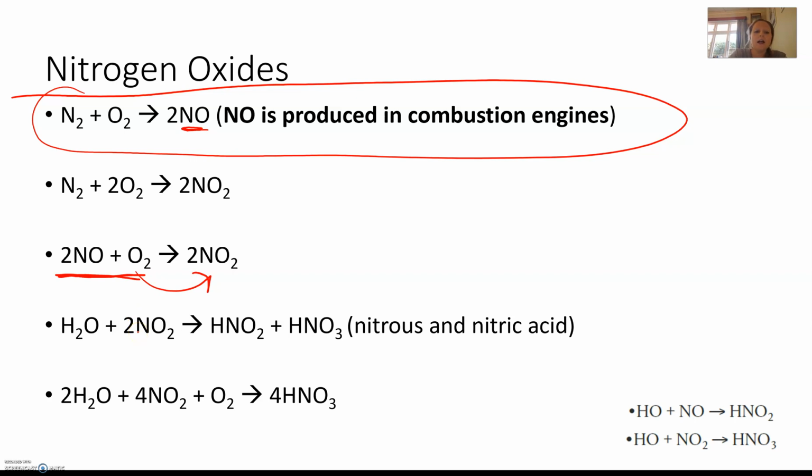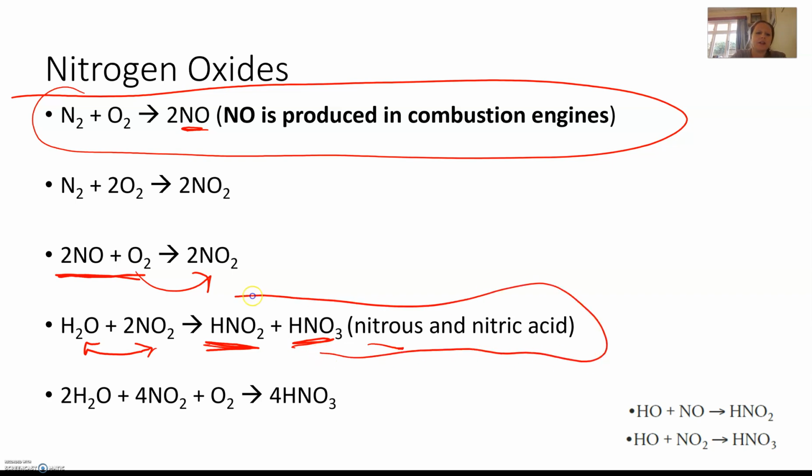Now NO2 can then further react with water, just like we saw before with our sulfur oxides, to produce HNO2. Now HNO2 is nitrous acid, but it also forms nitric acid, HNO3. So this is probably one of the key equations that you should know for this.